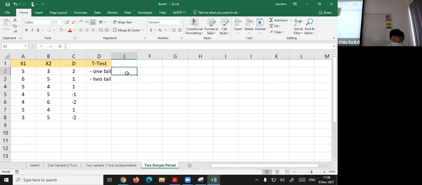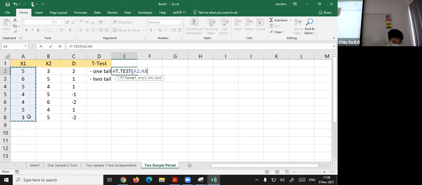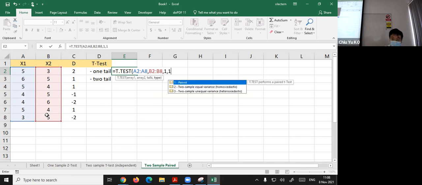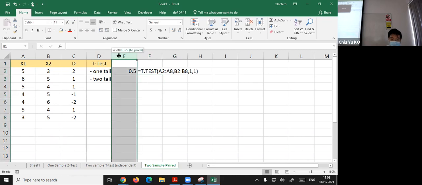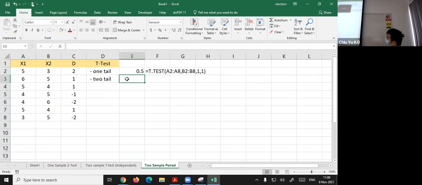You will use T.TEST with x1, x2, one tail, using pair. So that is how you do a one tail test.